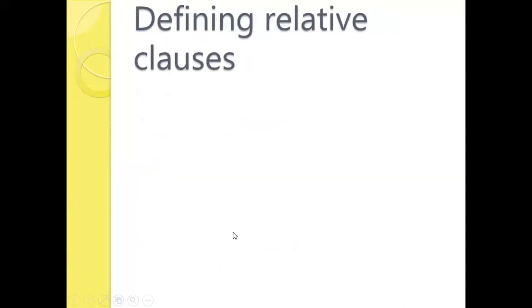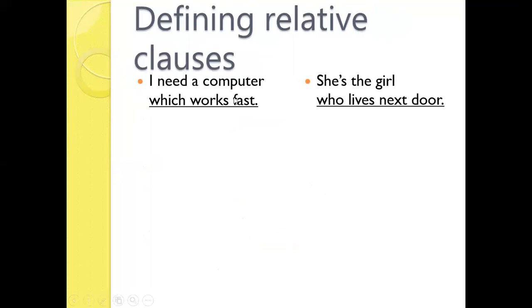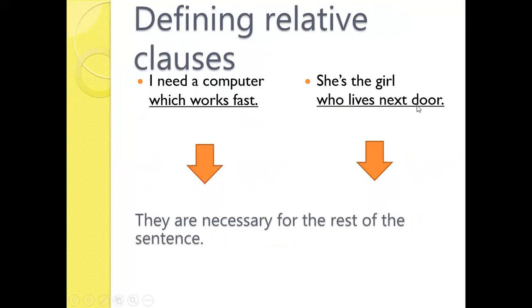Defining relative clauses, like: I need a computer which works fast, and she's the girl who lives next door. These clauses are necessary, essential for the rest of the sentence.